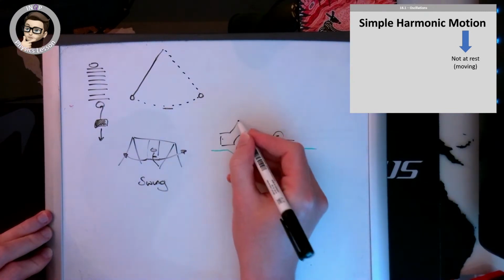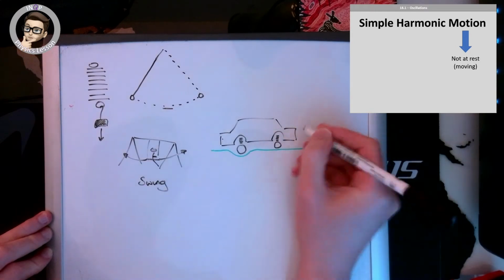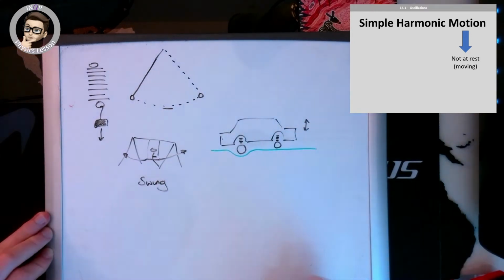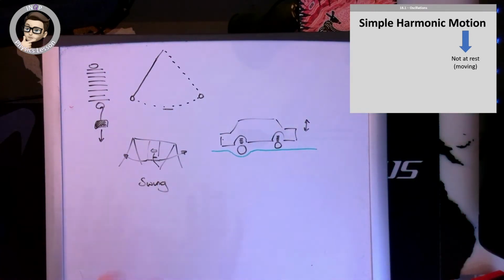So if you hit that pothole, you will find that the car will oscillate upwards and downwards, because it enters simple harmonic motion. So those springs there are allowing that car to oscillate upwards and downwards. Now, we know that it doesn't do that forever, otherwise a car might shake apart. Instead, something else happens, which we'll come to in a later lesson, which is called damping.